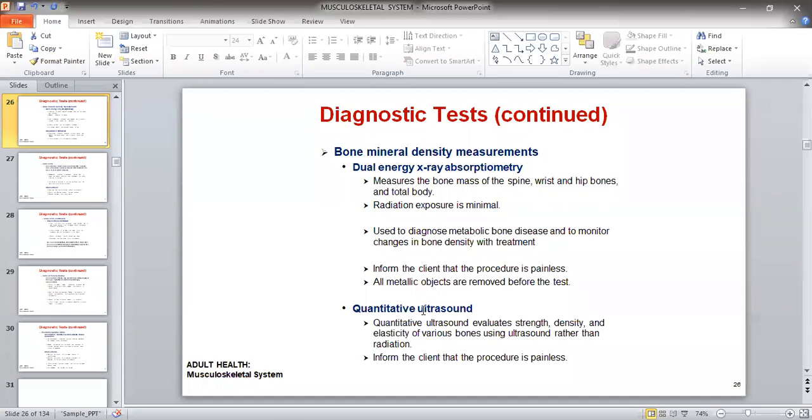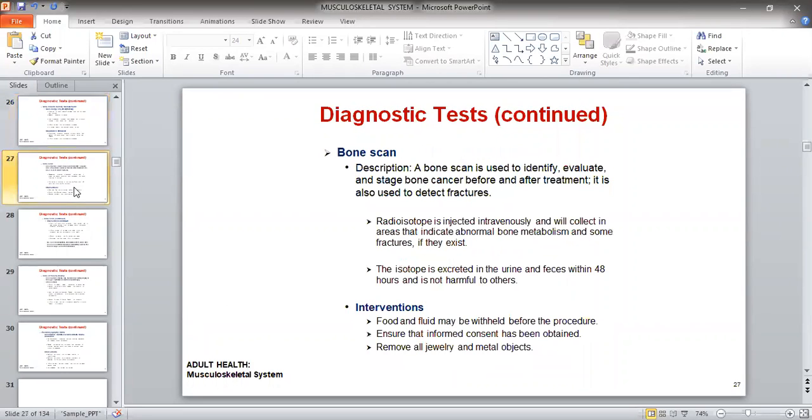So quantitative ultrasound evaluates the strength, density, and elasticity of the various bones using ultrasound rather than radiation. Inform the client that the procedure is painless. Otherwise, the patient feels phobia, anxiety, what is going on with me, right?